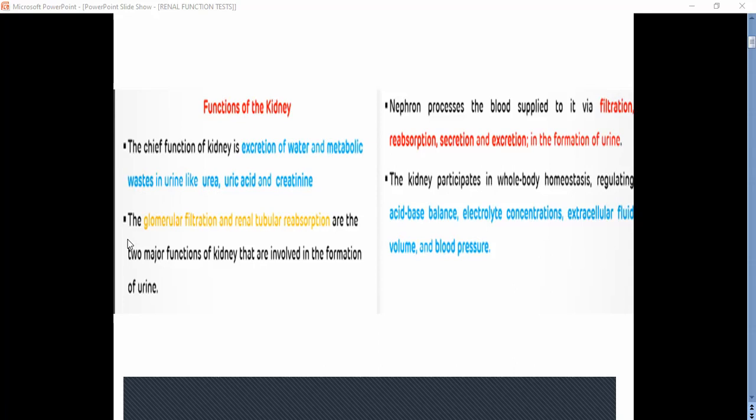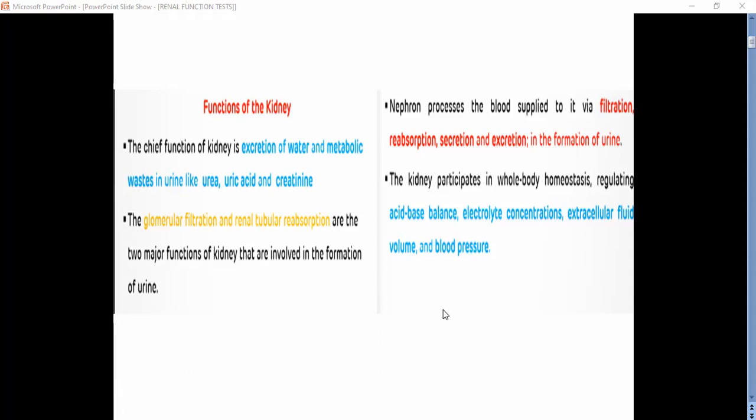Next, glomerular filtration and renal tubular reabsorption are the two major functions of the kidney involved in the formation of urine. That is, kidney function depends upon two important parts. One is glomerular filtration, that is, filtration at the glomerulus level.